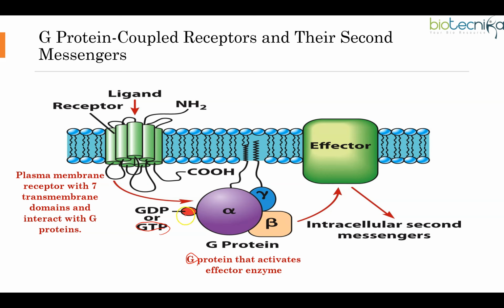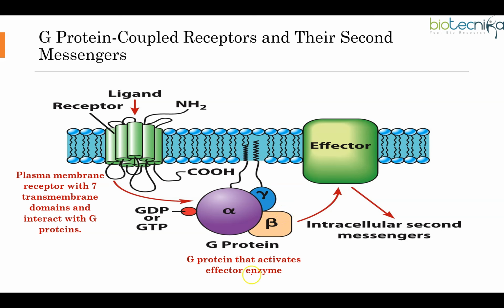It can be GDP also, it switches between that. Whatever it is, GTP or GDP, it is associated with the alpha subunit of the G protein. Okay, and as you can see, the alpha subunit and the gamma subunit are embedded in the membrane. Notice that the beta subunit is not embedded in the membrane.